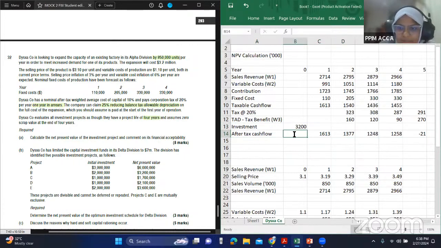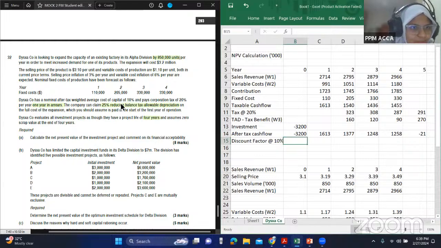So this will be 3,200, but of course a negative figure, negative 3,200. Now you have all the cash flows. What you have to do is take the discount factor at 10%.